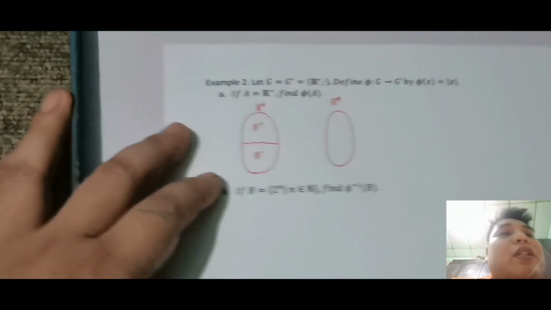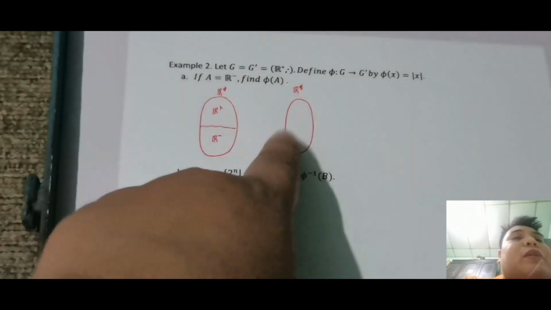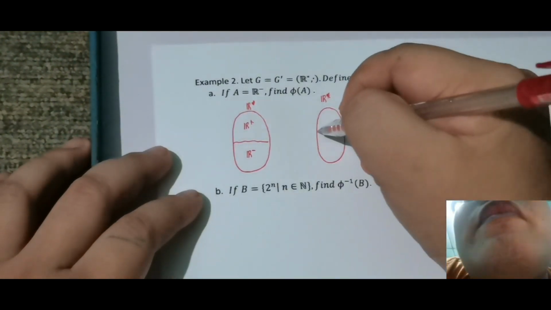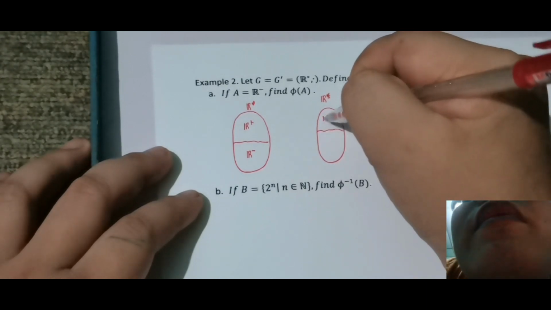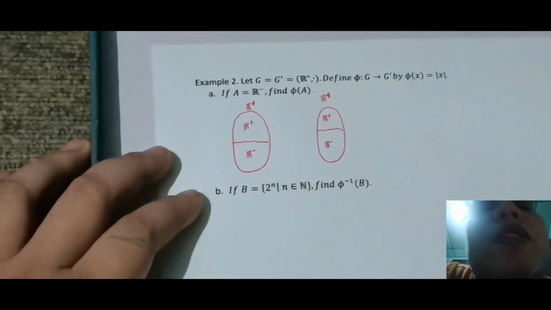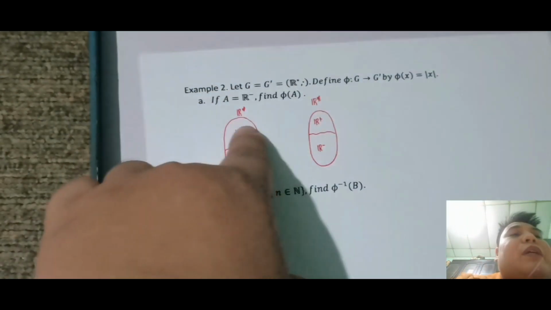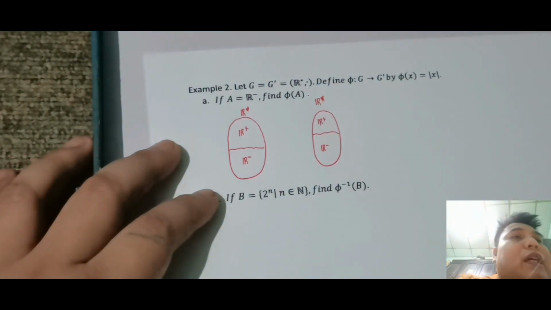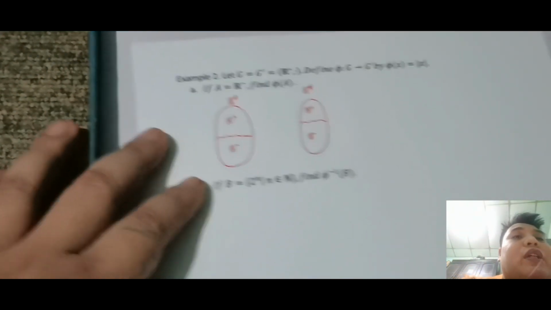Kaso, pagpasok niya sa P function, although laman pa rin niya dito yan, kaso, anong nangyari? Yung P of X natin, pagpasok niya, lahat sila papasok lang sa positive, sa R plus lang. Kasi in absolute value. Ganun yung ginagawa.